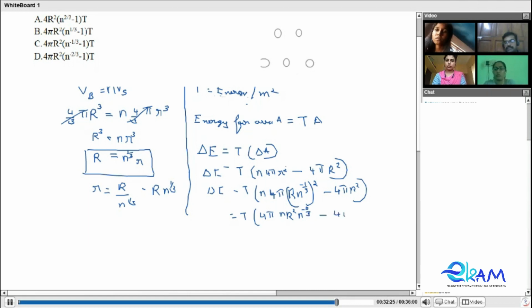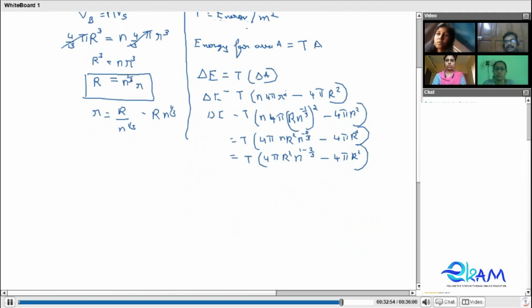So this will be equal to T times 4 pi R square. Here we have n, that is, n raised to 1 multiplied by n raised to minus 2 by 3. So we can write n raised to 1 minus 2 by 3, minus 4 pi R square. So T times 4 pi R square.